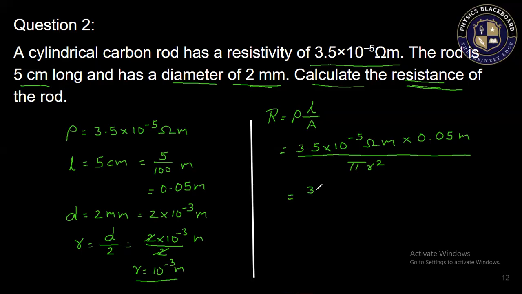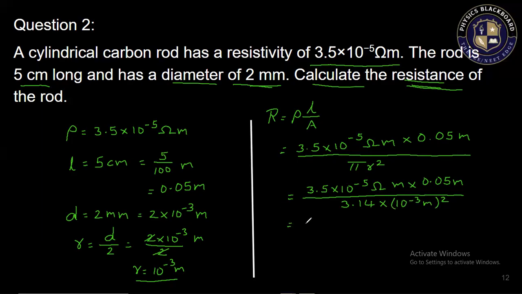So you can take 3.5 into 10 power minus 5 ohm meter into 0.05 meter by, what is the pi value? 3.14 into r square. Here r is 10 power minus 3 meter whole square.